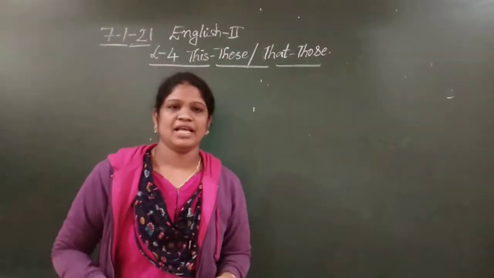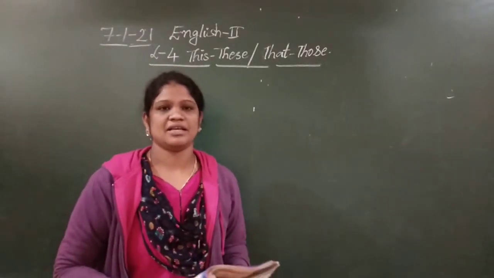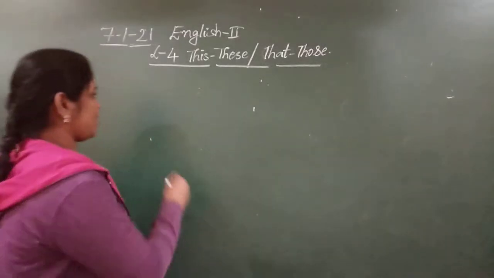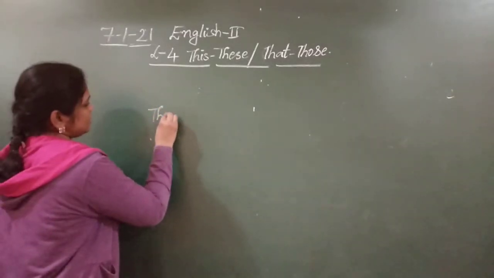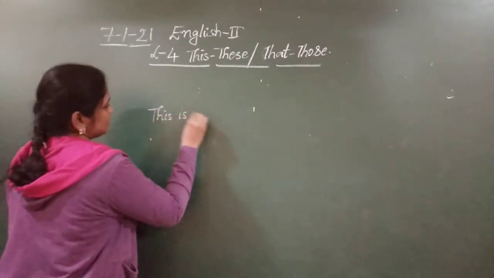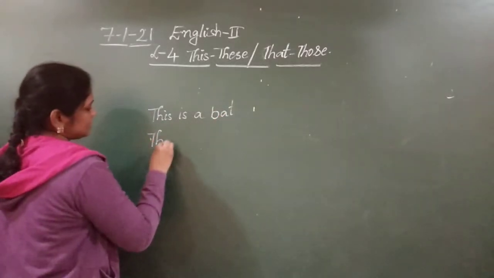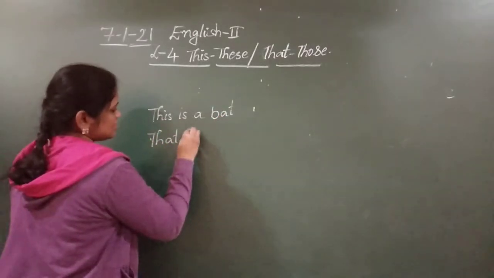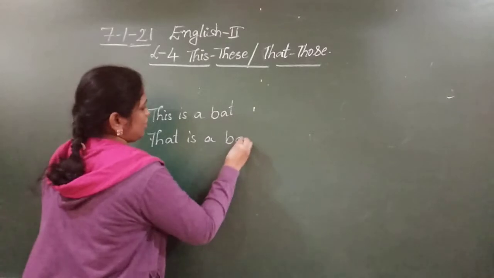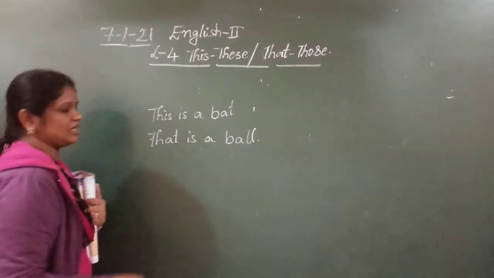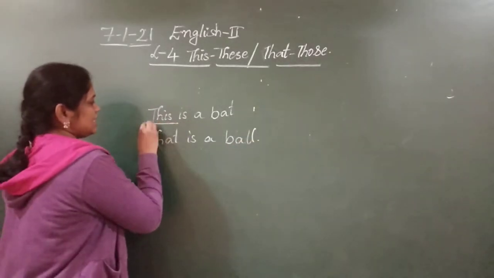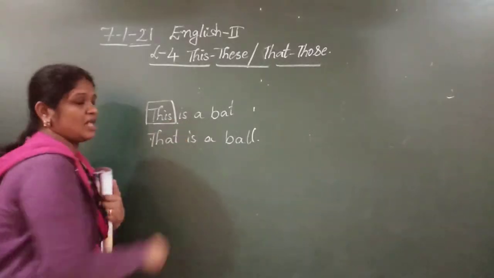See children, this is a bat. For example, see, this means it's a bat. That is a ball. See children, here this is nothing but a pronoun.